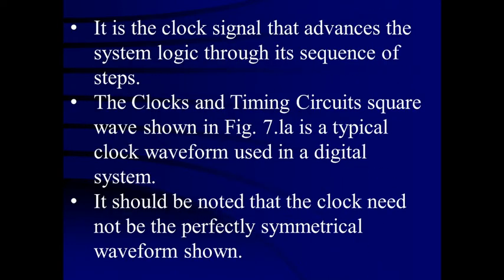It is a clock signal that advances the system logic through its sequence of steps. That means in a digital system, everything is going to be in sequence. One instruction is going to be executed, then the next instruction, then the third instruction.